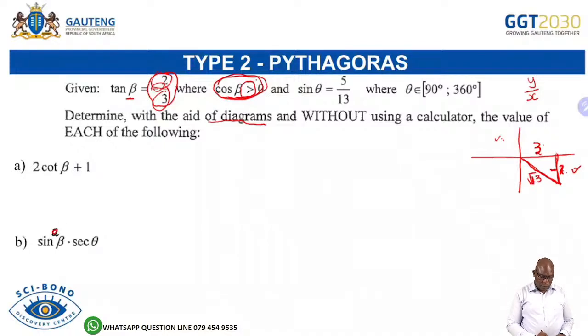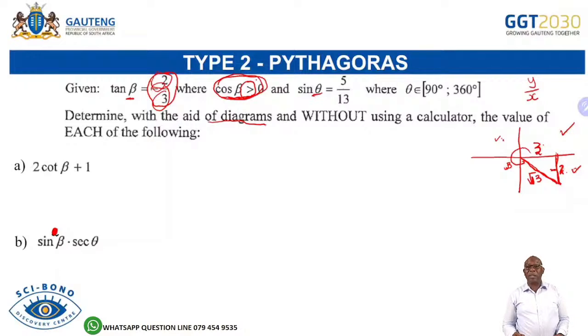Now, this is my angle of beta. So I've got a sketch for beta, which is a complete sketch now. So everything that talks to beta, I'm going to go to this sketch. Right? Now, the next one is sine of theta.